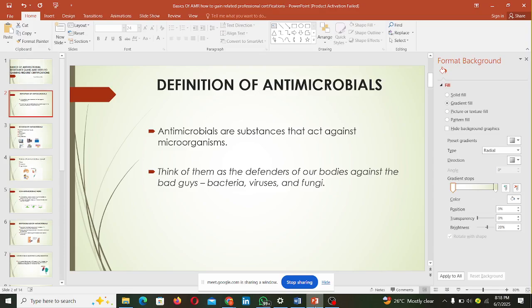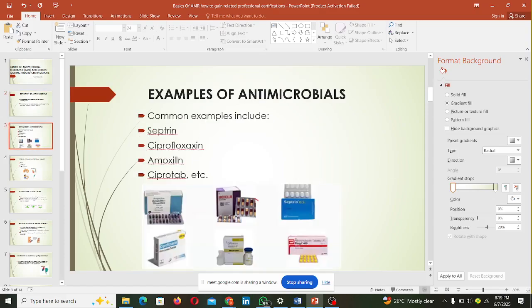So antibiotics target bacteria. You might also hear words like antibiotic resistance, and we have antimicrobial resistance as the parent name for them all.